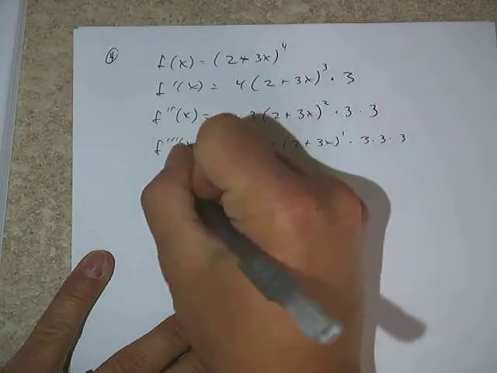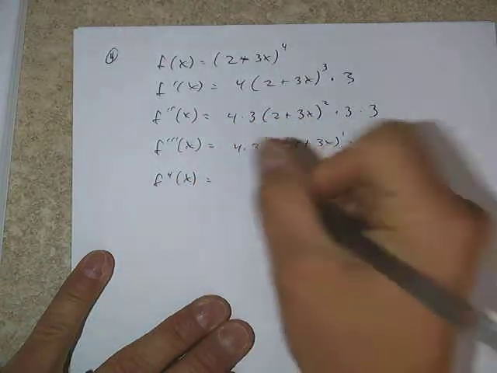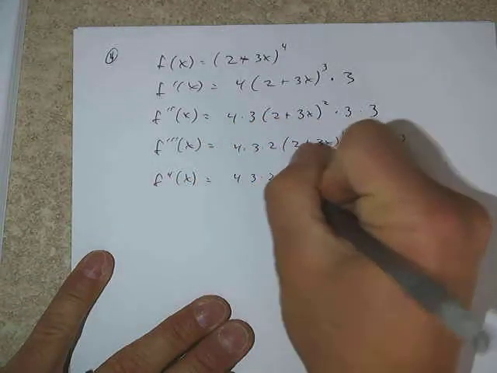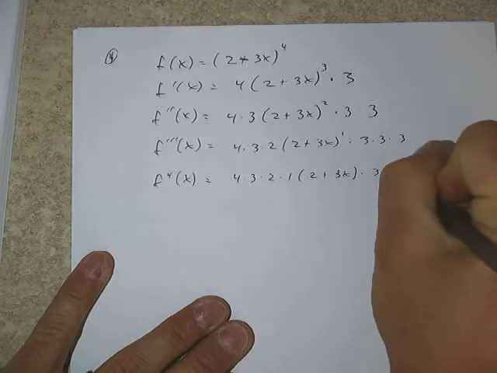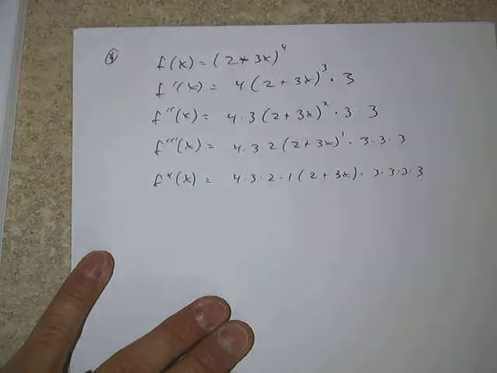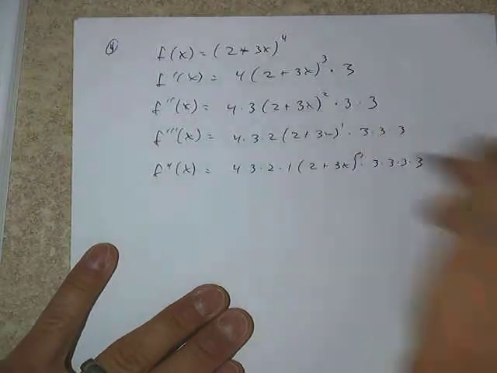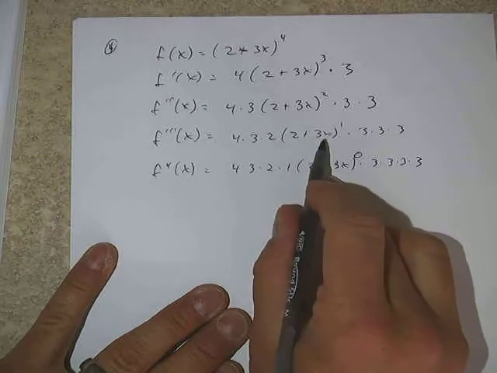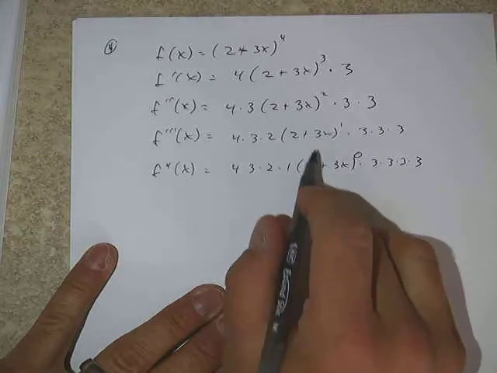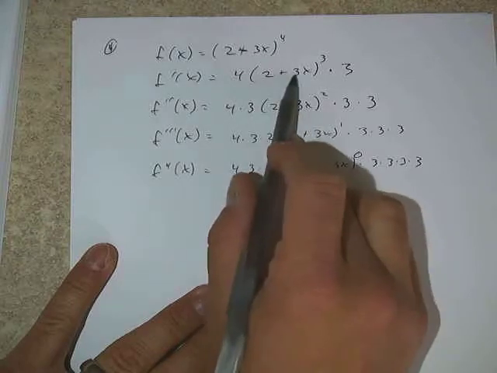What pattern are we noticing out front is starting to develop? This looks like a what? Factorial. So if we do that one more time, we're going to get the 4th derivative: 4 times 3 times 2 times 1 times 2 plus 3x times 3 times 3 times 3 times 3. Keep in mind that that's to the 0 this time.